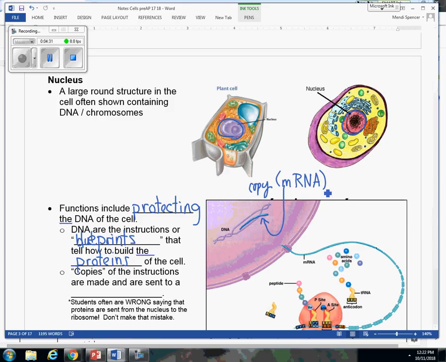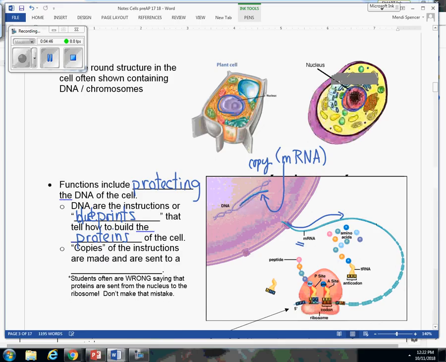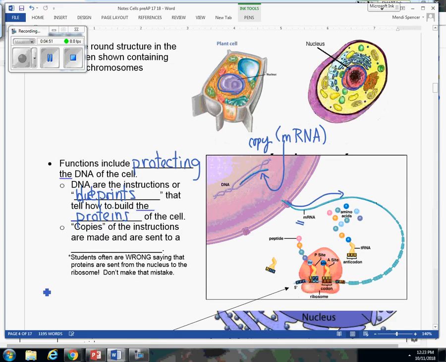So we're going to copy the DNA and carry that information, carry that message to the construction site where the proteins are going to be built. And that's what you see happening right here. So here's the mRNA. You can see that it's leaving the nucleus, and it has found the cell part that is going to read it and make a protein. So here's the ribosome, and we can see right here that's a polypeptide chain.